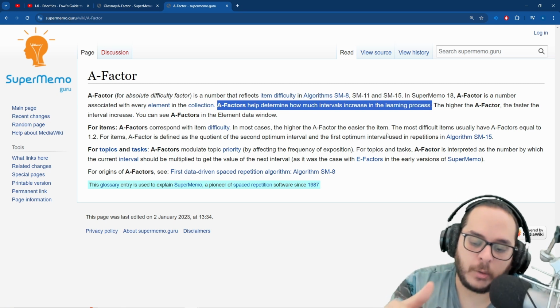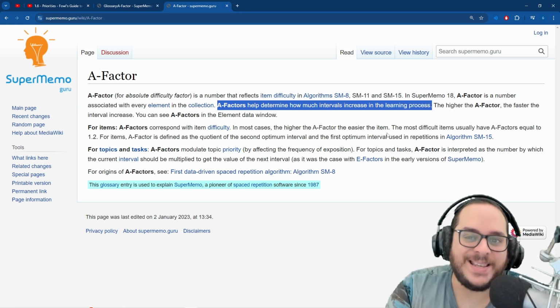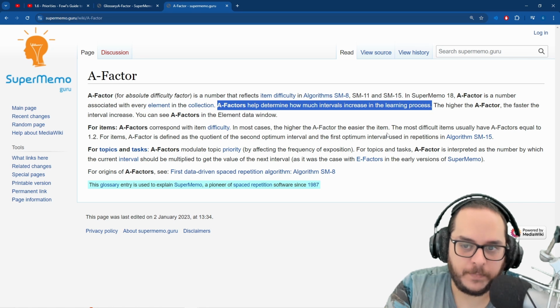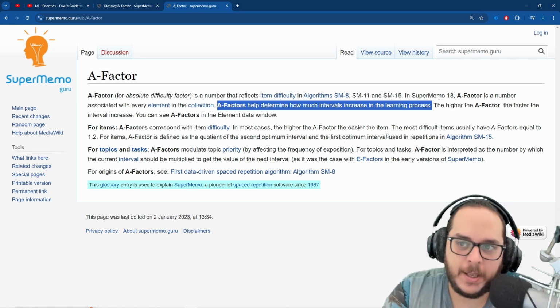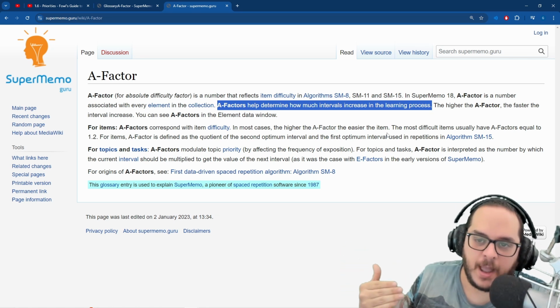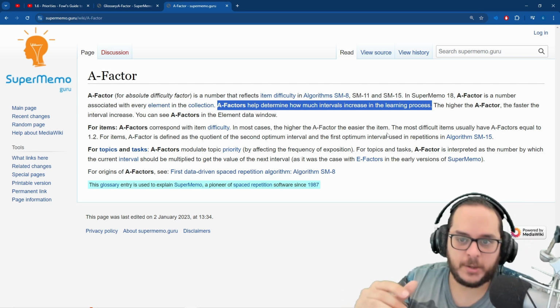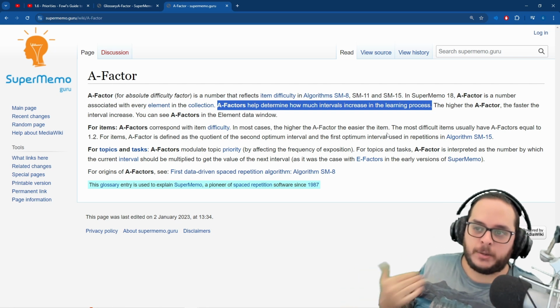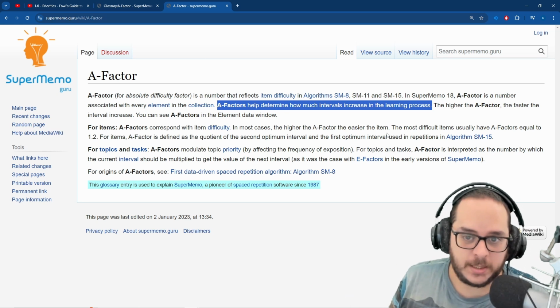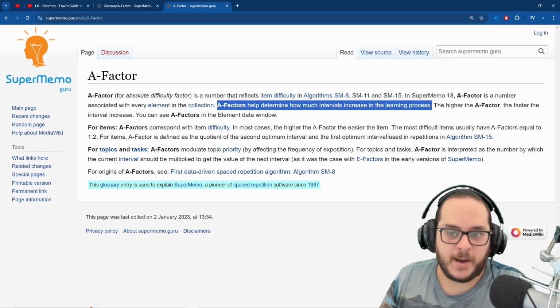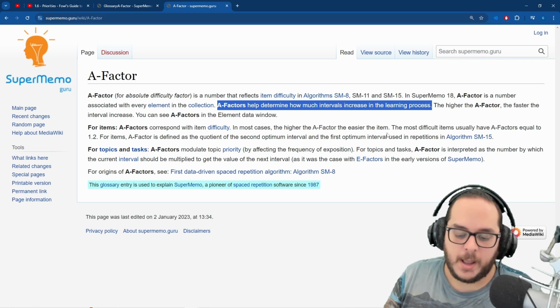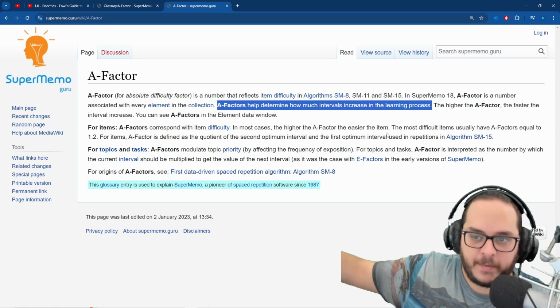If you are familiar with Anki, it's the ease attribute, which by default in Anki is 2.5, or at least before FSRS was introduced, it was 2.5. So that means that if the interval today is 10 days, multiply this by 2.5 because it's the ease, and the next interval will be 25 days.